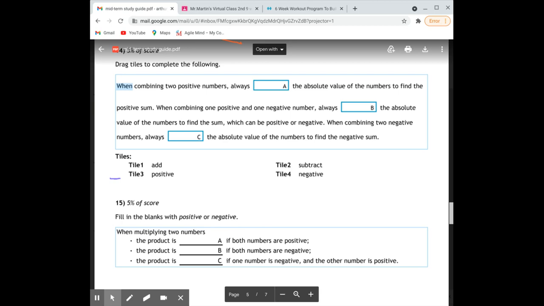When combining two negative numbers, always blank the absolute value of the numbers to find the negative sum. All right. So, Nevaeh, on part A, do you think that would be add, subtract, positive, or negative? What would you do when combining two positive numbers? Would you add? I would add. Yes, you're right. We would add. Great job.